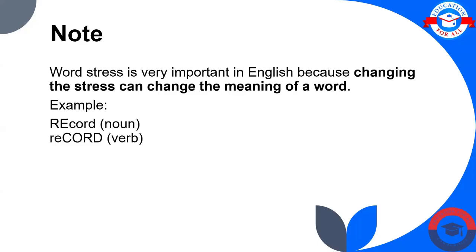Record for the noun, and for the verb, we have record. So cord is in capital because the stress is on cord. So understand here, the capital shows you where the stress is supposed to be. So the capital is to help you pronounce the word better.